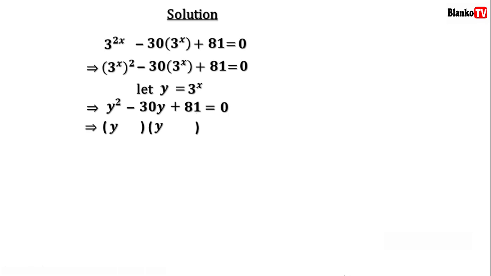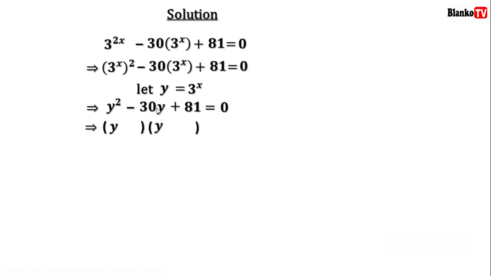Okay, so we find factors of 81 that when we put into these brackets and then we add the product of the outer term and the product of the inner term, we are going to get negative 30y.